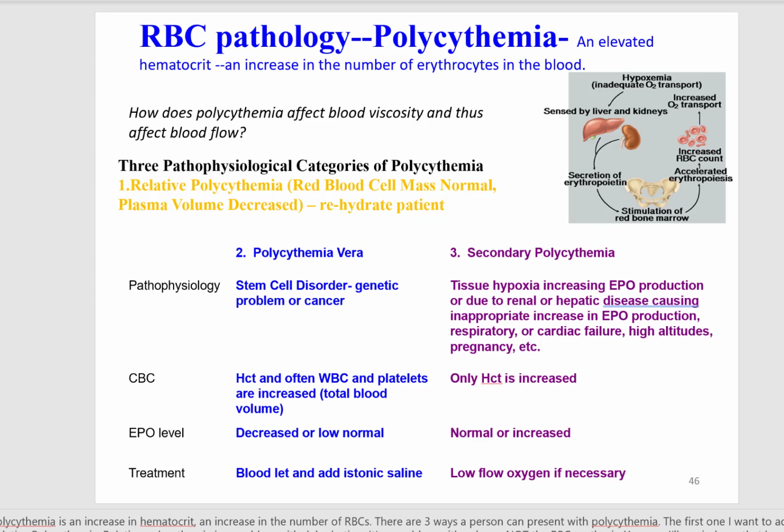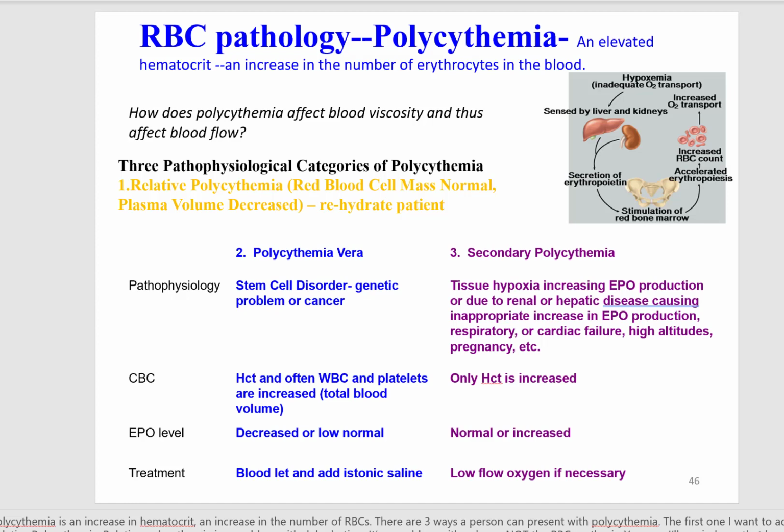How does polycythemia affect blood viscosity and thus affect blood flow? Well, if the blood viscosity is caused by the red blood cell count, and I'll remind you that is the most numerous cell type in the body, it is most certainly the most numerous cell type for the formed elements in your blood.